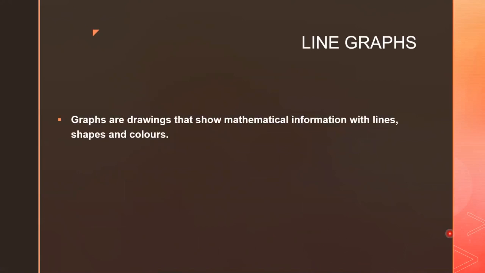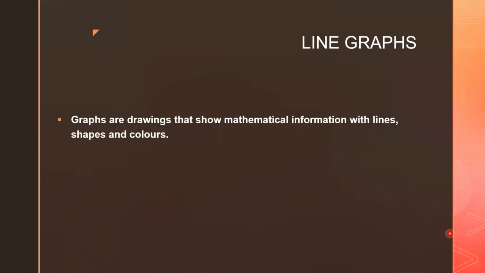Without knowing a graph, we can't understand what a line graph is or how it got that particular name. So let's see what a graph is. Graphs are drawings that show mathematical information with lines, shapes, and colors. So a graph is a type of drawing which shows some mathematical information.